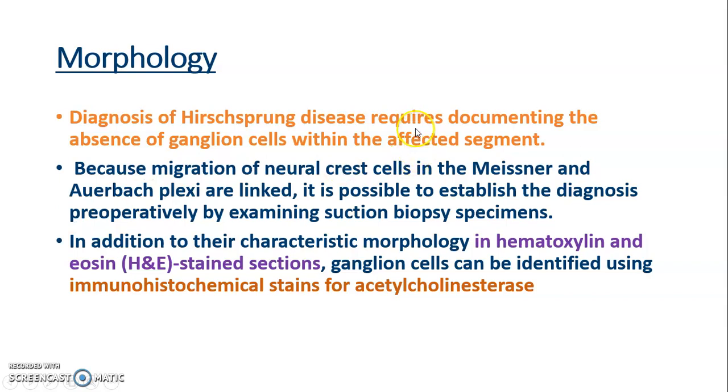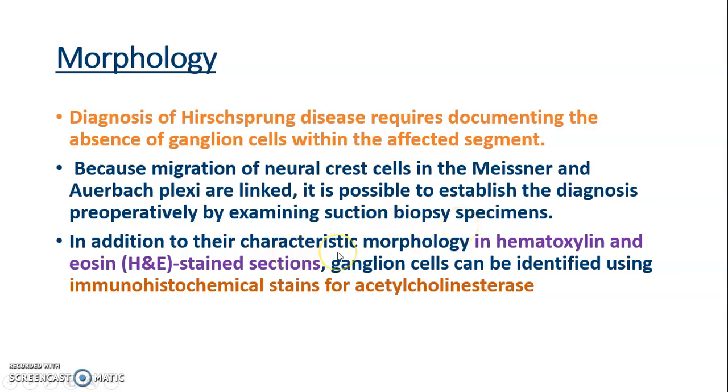Diagnosis requires documenting the absence of ganglion cells within the affected segment. Because migration of neural crest cells in Meissner and Auerbach plexus are linked, it is possible to establish the diagnosis preoperatively by examining suction biopsy specimens.